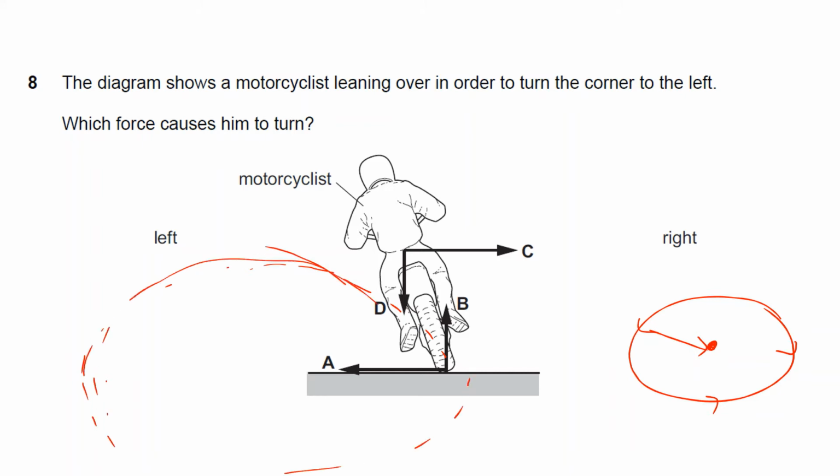So whenever your car even wants to turn about the roundabout, friction is going to act towards the center of the circle as the centripetal force. So over here, the force which will cause him to turn or to move in a circular motion is going to be A, because remember, the centripetal force, or the force which causes something to move in a circular motion, always acts towards the center of the circle.